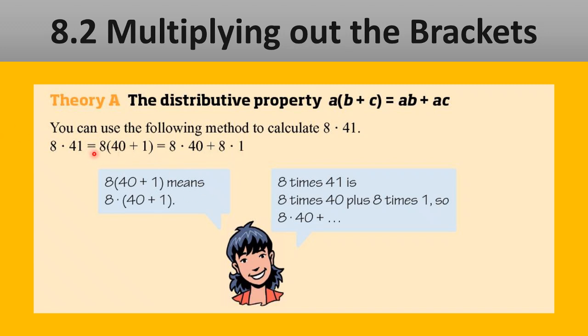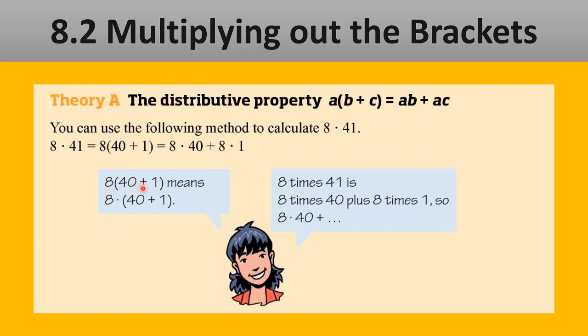So that's the same as this: 8 times (40 plus 1), because that's 41. So apparently we can split this number 41 into 2 separate numbers, and then multiplying them separately and adding them up will give me the same result as doing it in one go.